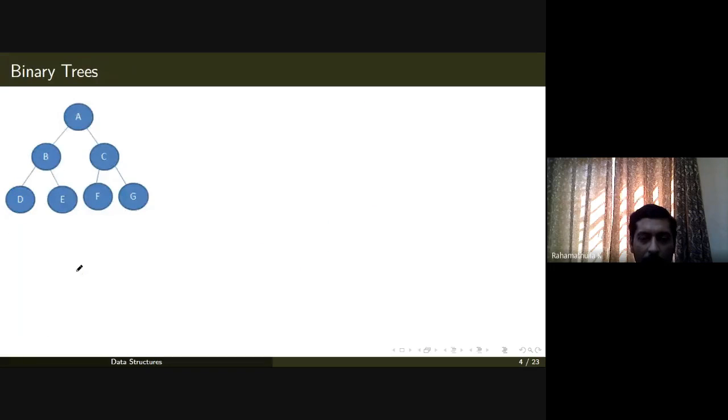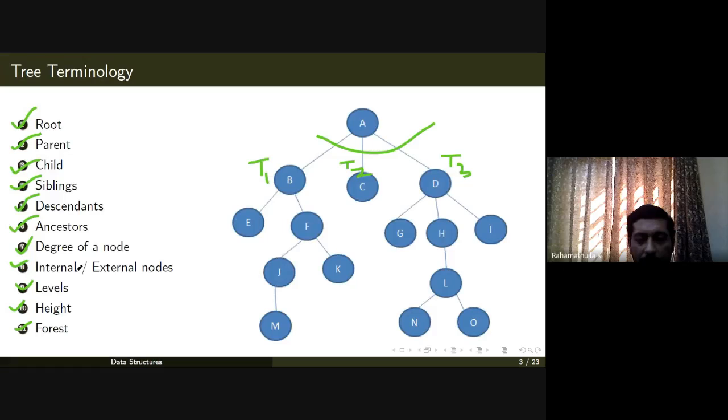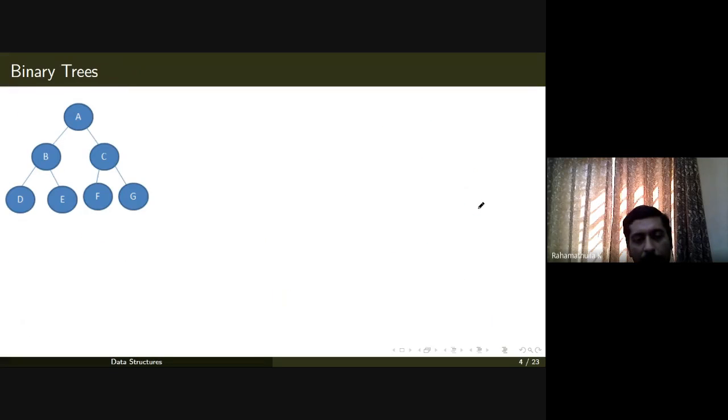So previously we have seen a general tree, where we saw the degree of a node. For this node we had degree equal to 3. For this node we had degree equal to 3, and so on. For a binary tree, it is very strict that a particular node can have degree 0, 1, or 2.